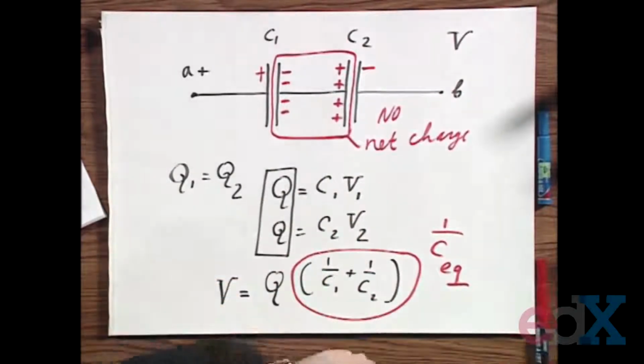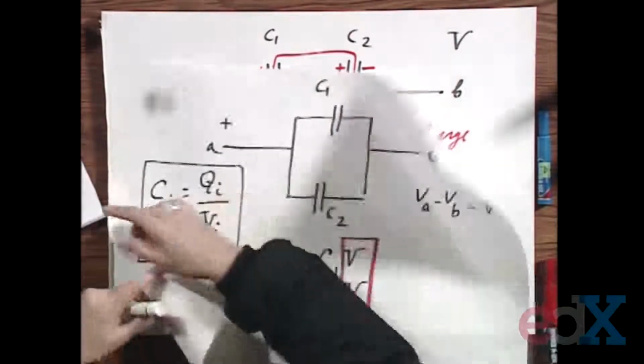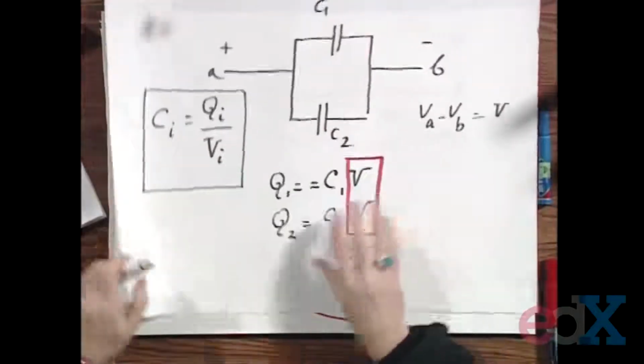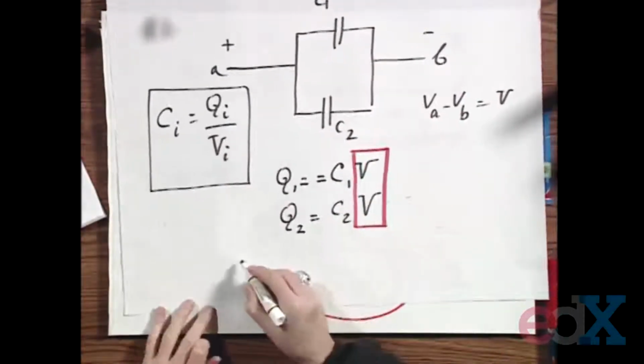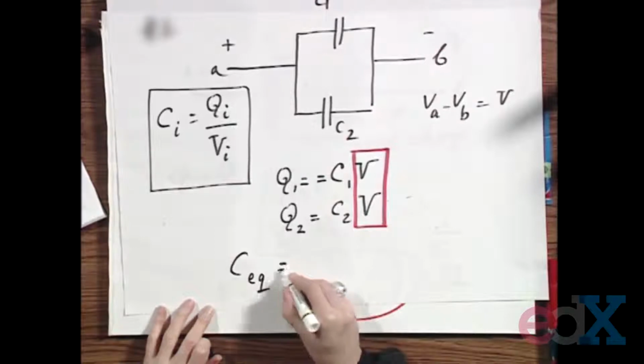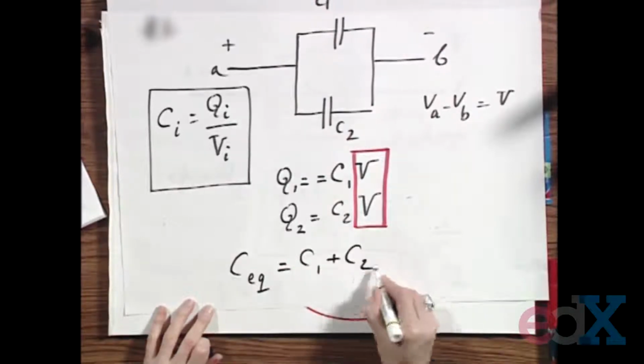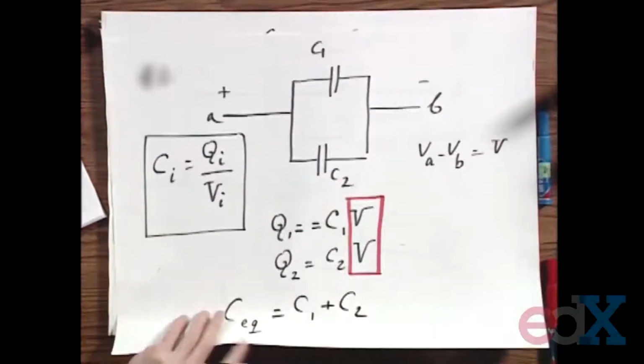If you had a parallel set of capacitors, then that C equivalent would become C1 plus C2. And I'm sure you will have no problems proving that. So let's now go to problem number 1 and apply some of what I just told you.